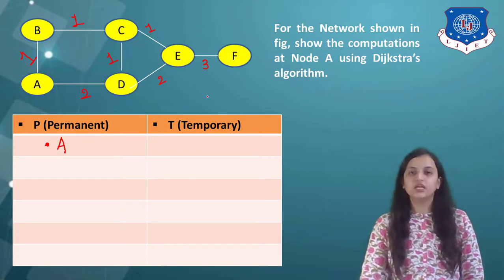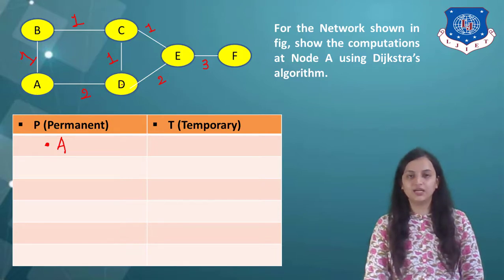What you need to do is check all the outgoing lines from this root node. As you can see, from node A there are two different nodes connected, which are B and D. Here the syntax to indicate the temporary nodes for all the outgoing lines is the destination node B, root node A, and the distance from that node.